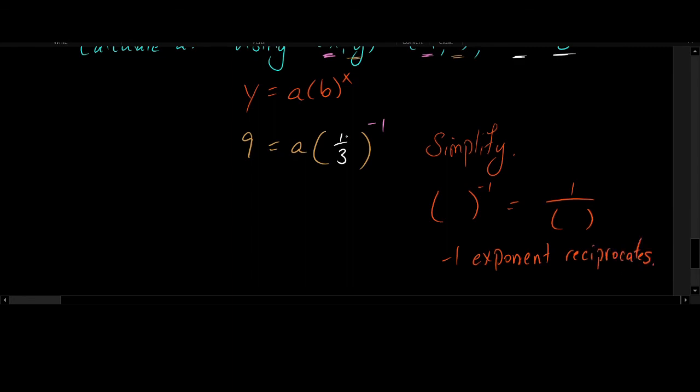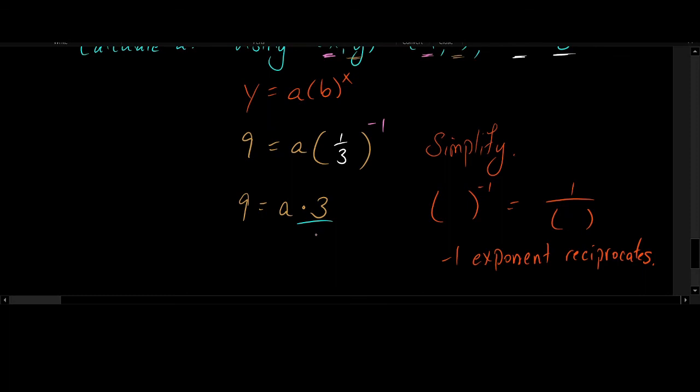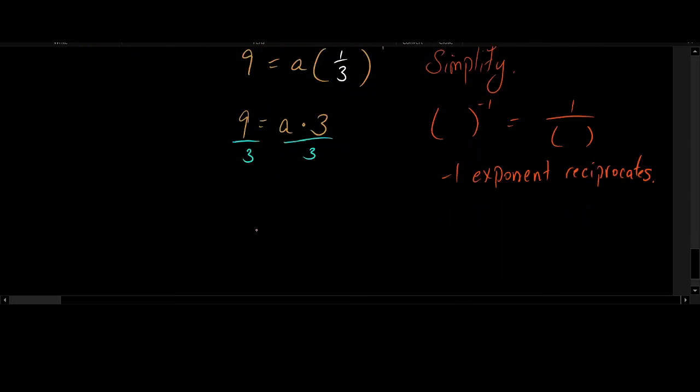So if I have 1/3 to the power -1, then I can reciprocate 1/3, and that will just get 3. All right, finally, let's finish solving for a by dividing both sides by 3, and we get a is equal to 3.